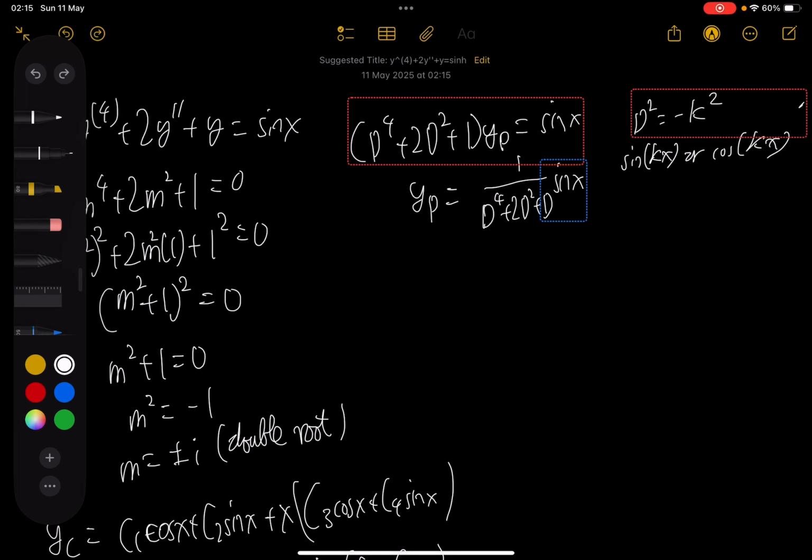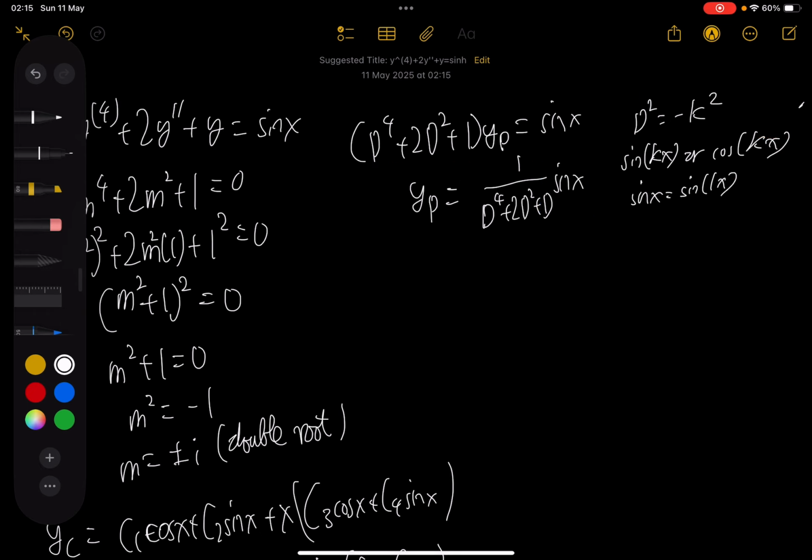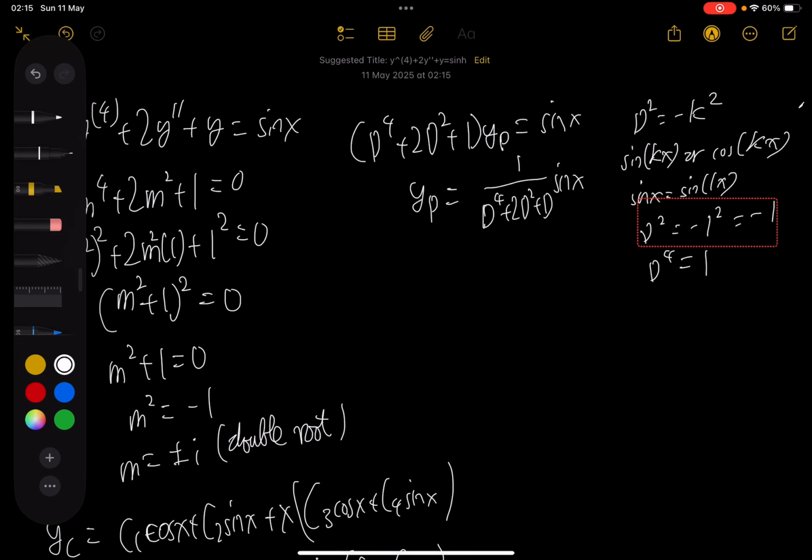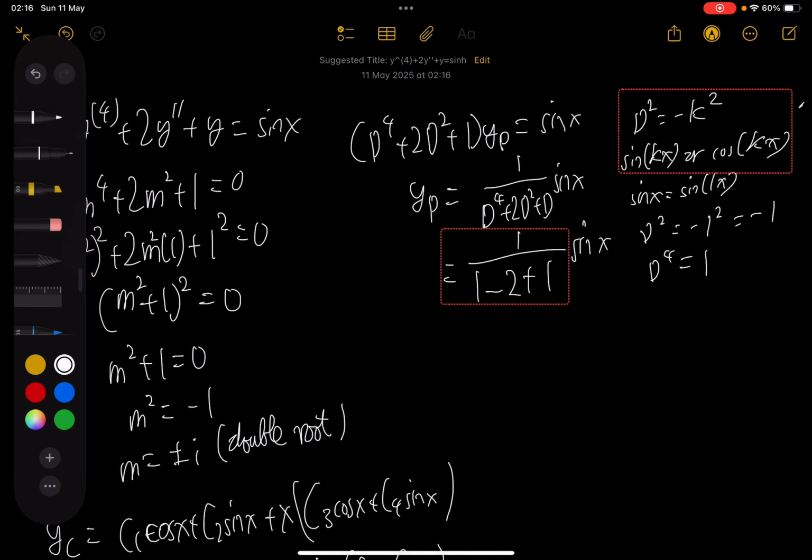Here sine x is sine 1 times x, so D squared is negative 1 squared, which is negative 1, and D to the power 4 is (D squared) squared, which is 1. Therefore we replace this with 1, and D squared with negative 1, so you get 1 minus 2 plus 1 times sine x. However, you get 1 plus 1, which is 2, and then minus 2, which is 0.